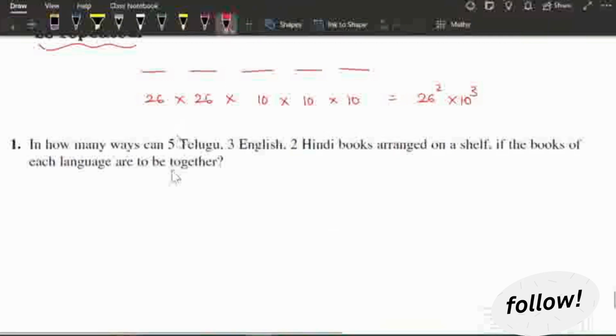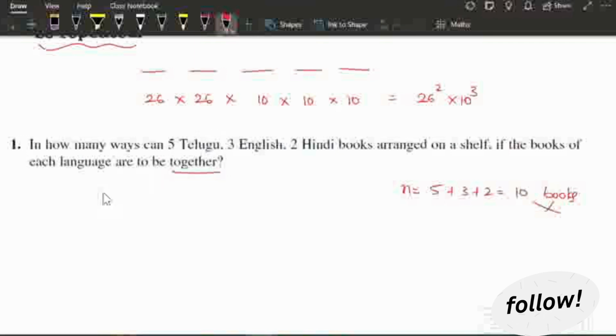So the actual total number of objects is 5 plus 3 plus 2, which is 10 books, right? But we will not consider n as 10 here. Whenever you have this together, whichever is supposed to be grouped, you group that as one object and then count.